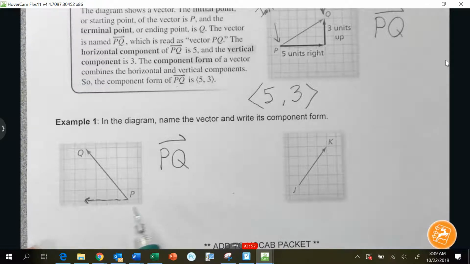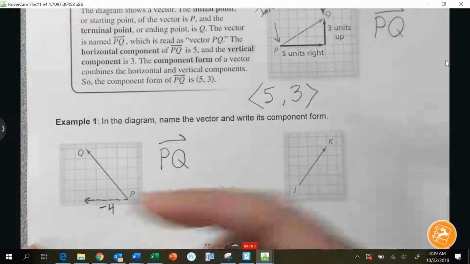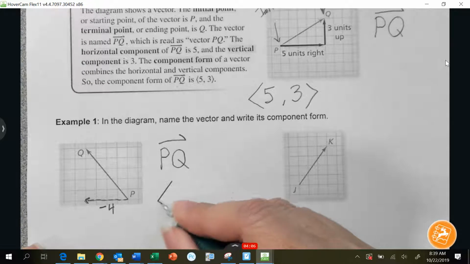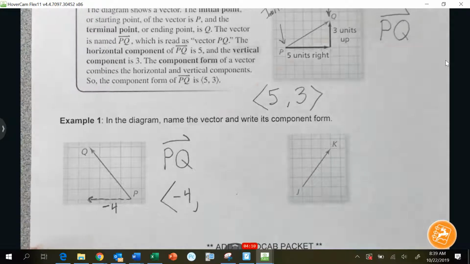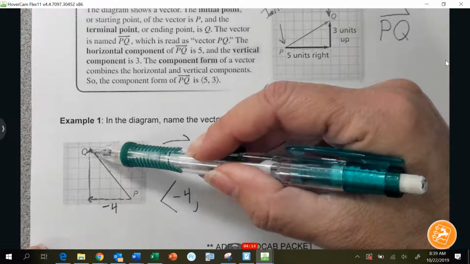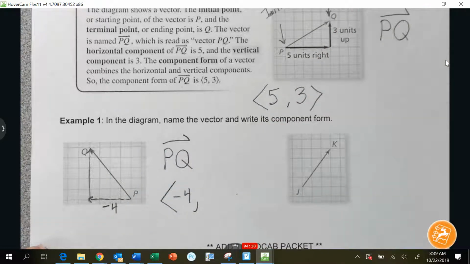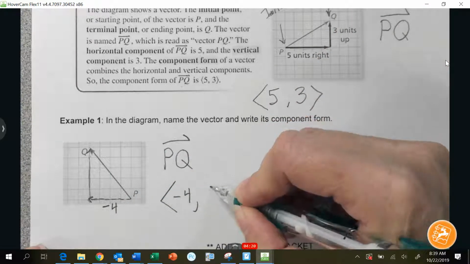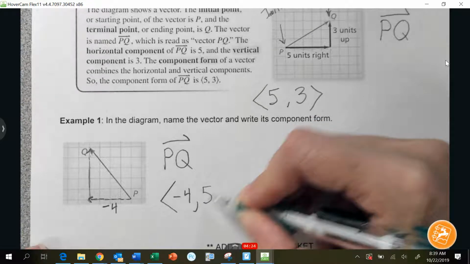How could I make it mean left? Make it -4. Because we're going to go left 4, right? Correct. So I'm going to start with my horizontal component at -4. And then from there, we're going to do our vertical component, which is, what is that? 5. And is that positive or negative? Why? Because we're going up. Excellent.